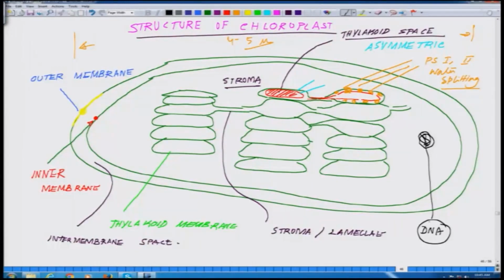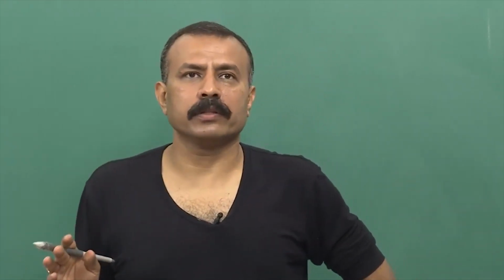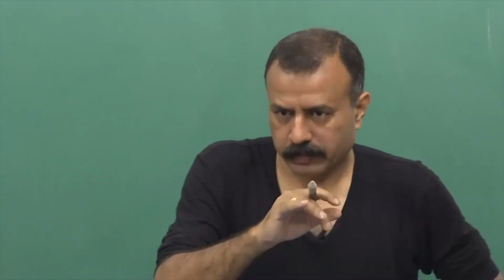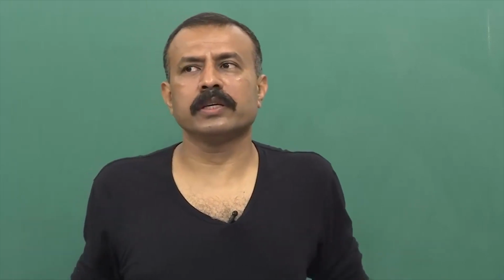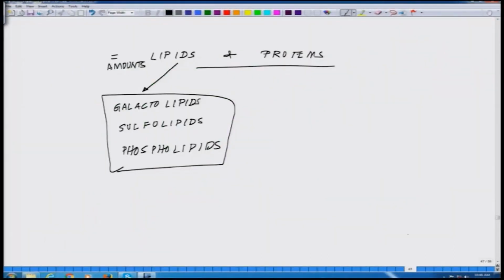That is one of the reasons why people say that at some point in evolution this was a stand-alone organelle, which for some reason parasitized another organism, and today what we see is the plant evolved because of that. Okay. So, coming back, this is what we have talked about.